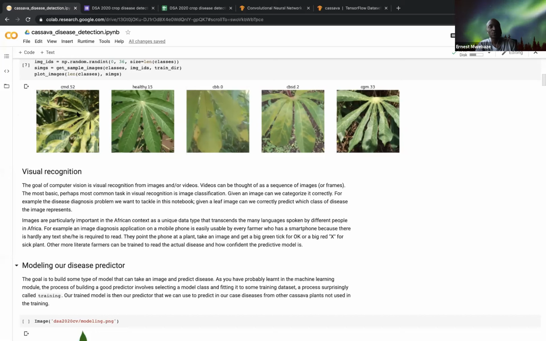The simplest way is to do what we've done. Say this whole leaf is CMD, and then you assume that the architecture you're using, the CNN you're building, will internally identify these areas where disease is, and use that in the classification.